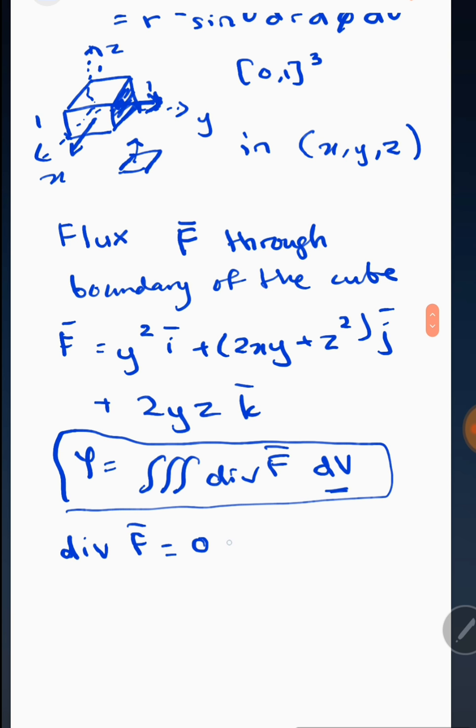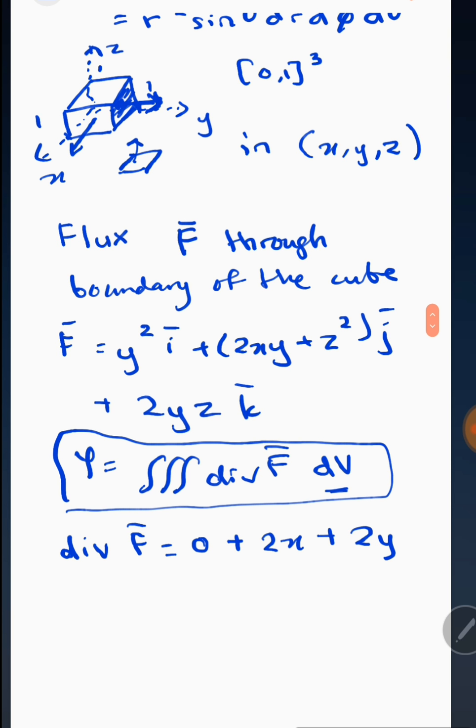And let's move to my j part. If I do a d over dy of this, what will I get? I'll get 2x, plus, this will then just be 0, and then finally d over dz of 2yz. 2yz will then give me 2y, correct?